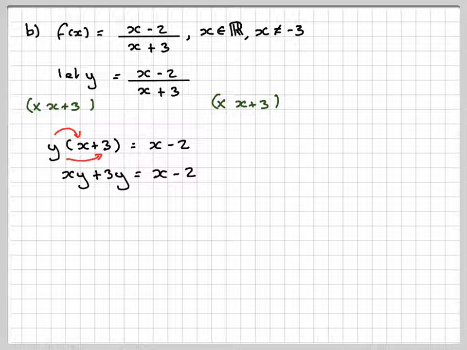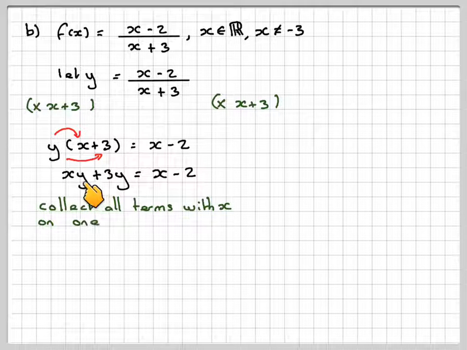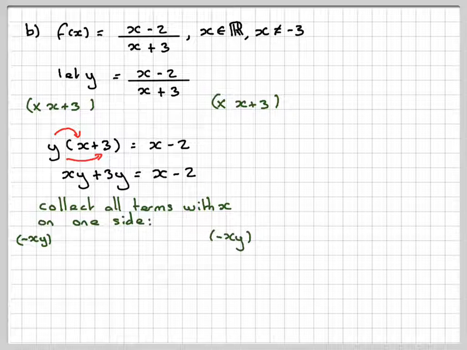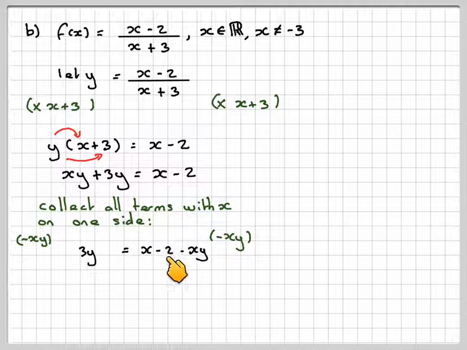Now the next step is to collect the x's on one side. Now we could collect the x's on this side or this side. However, if we collect them on this side, in this case, it will make the problem easier. So taking xy from both sides, we're going to have 3y is equal to x minus 2 minus xy. We don't want this here, we just want terms with x on this side.